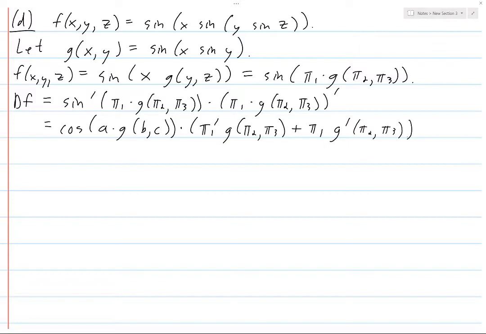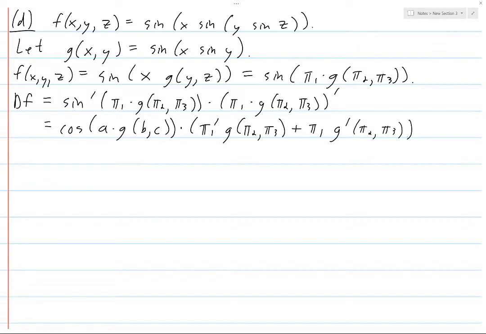And pi 1 prime here is 1, 0, 0, times g of pi 2 comma pi 3. So I can just write this as g of b comma c, 0, 0, because that's what happens when you take 1, 0, 0 and multiply by g of pi 2 comma pi 3. You just end up with this.